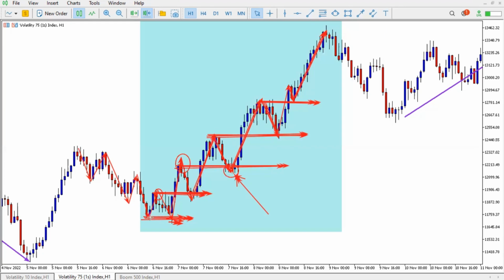So once I see an equal low created as the market was going down from here, meaning this low is no longer lower than this one, that means the downtrend is about changing, it has paused. So this little downtrend or pullback has ended, then I will join.